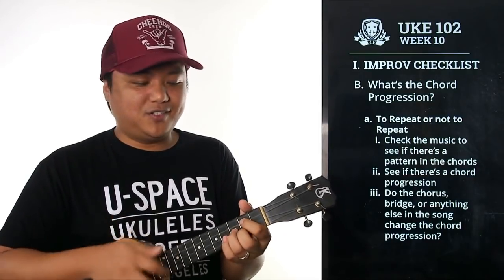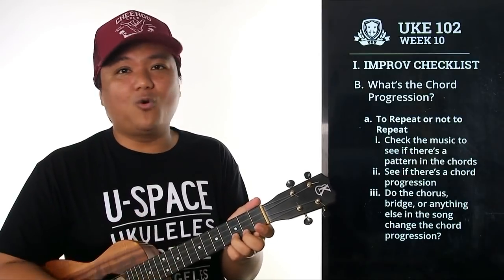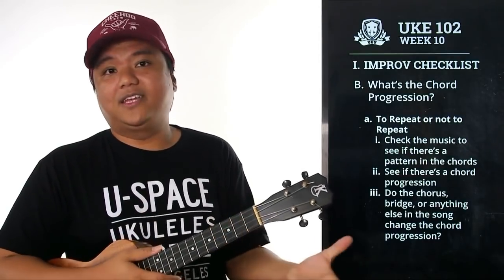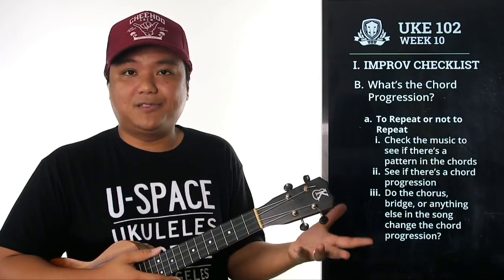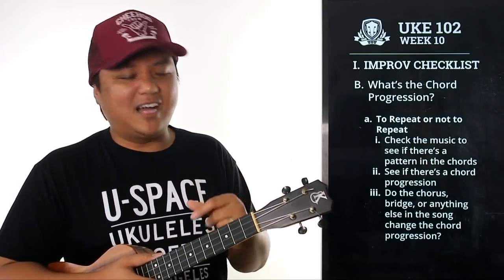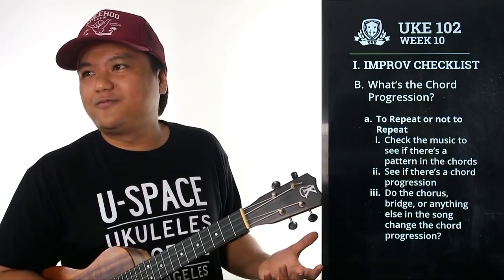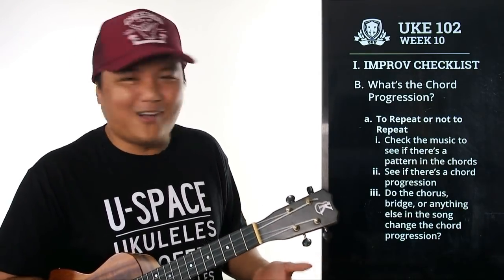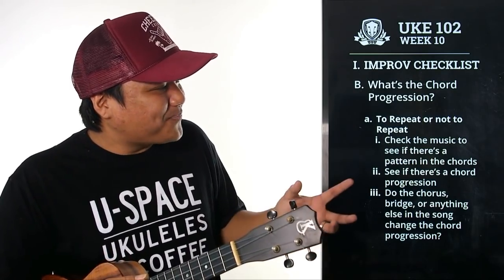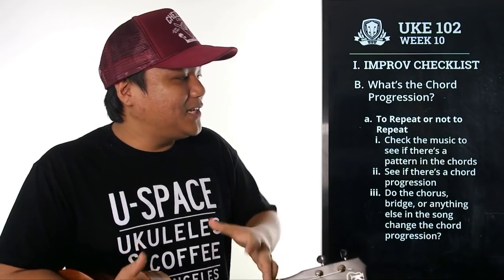If the whole entire song is just G, B minor, C, and it just repeats over and over, then I know there's no surprises coming up. I'm just going to be jamming on that song for 2, 5, 10, 20 minutes or however long I want. But if there is not a repeat, that's when it gets a little bit tricky.